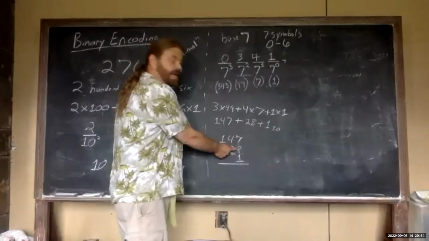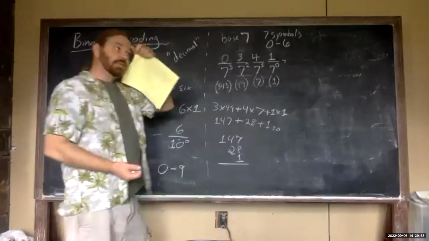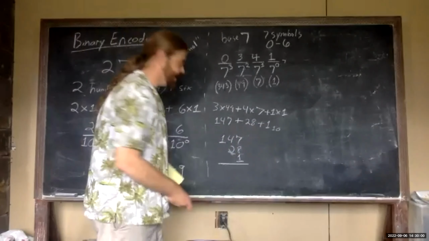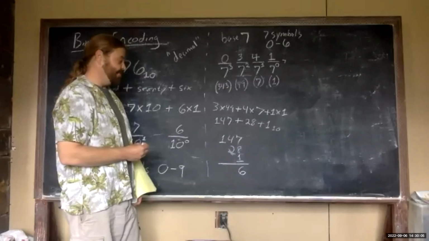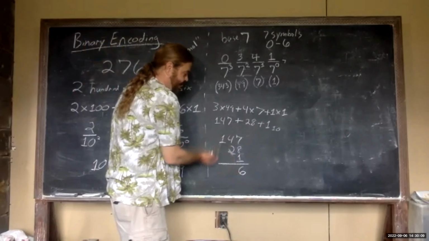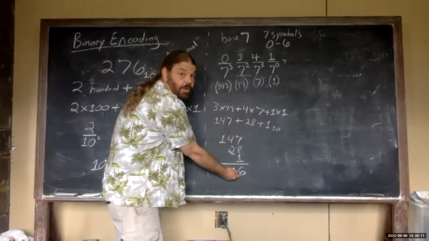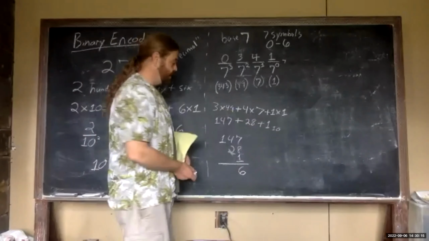So 7 plus 8 is 15, plus 1 more is 16, which is too big of a number to fit in one column, right? All this stuff back in elementary school, kind of ringing a bell. So we can carry that. It's too big for one column, because 16 means we have 10 plus 6 more.